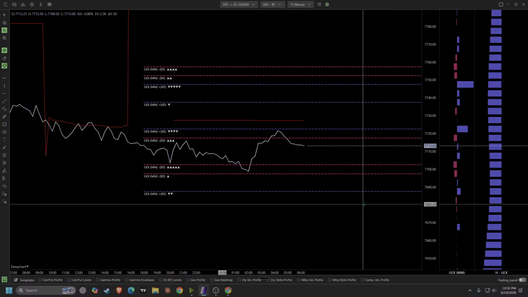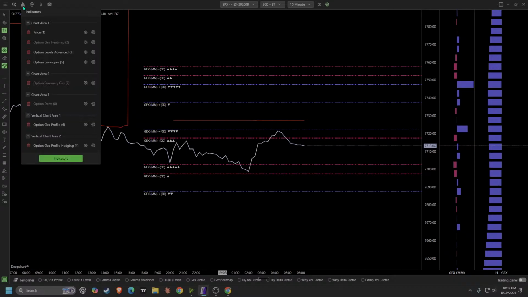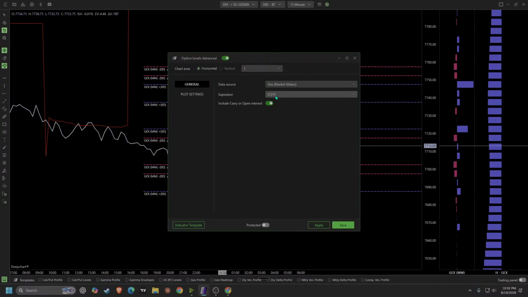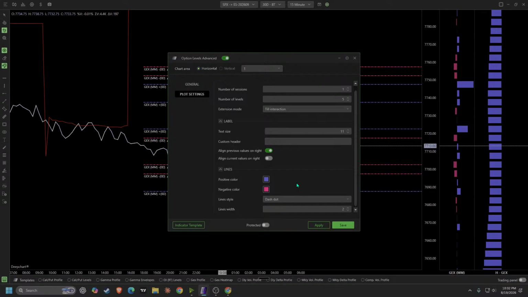Most of the options, especially 0 date to expiration, happen in the New York session. So options levels advanced, you notice we're tracking 0 date to expiration, market maker GEX, the market maker exposure, the dealers. And you can see that we plotted 5 levels and we colored them.